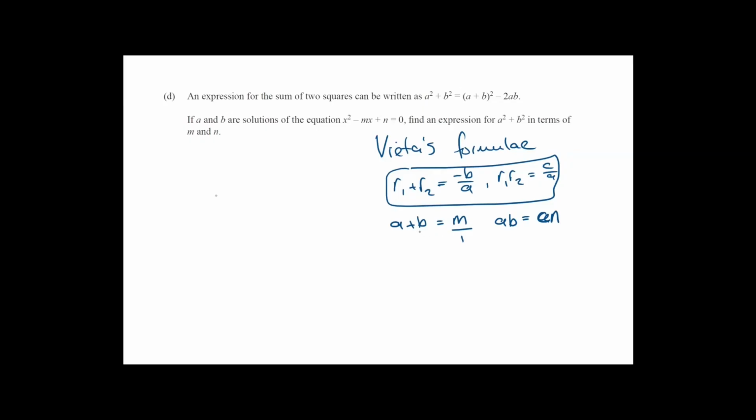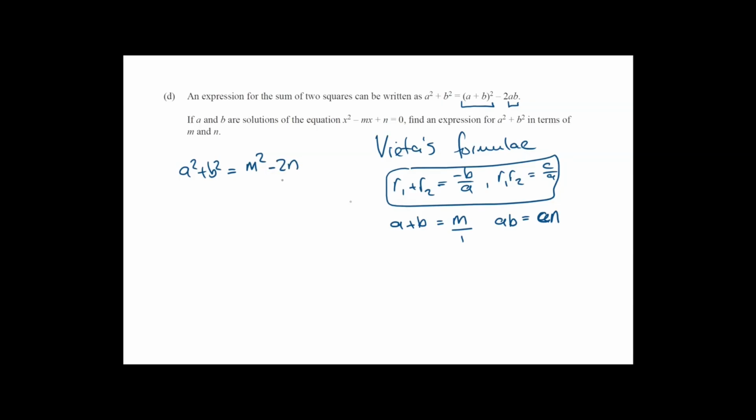So, a plus b, hey presto, it's there. It's m squared, minus 2ab, ab is n. So Vieta's formula already does it for you. There's no point reinventing the wheel here. So a squared plus b squared is going to be equal to m squared minus 2n, and we're done.